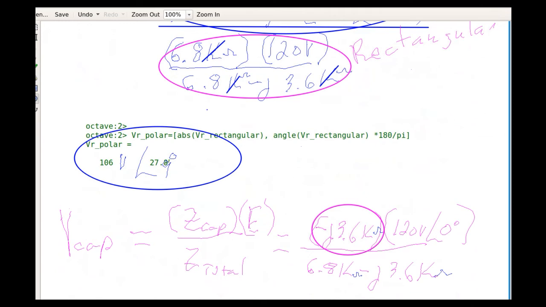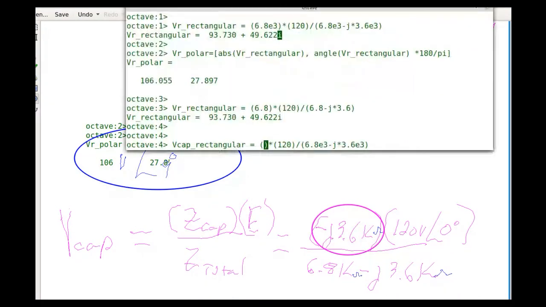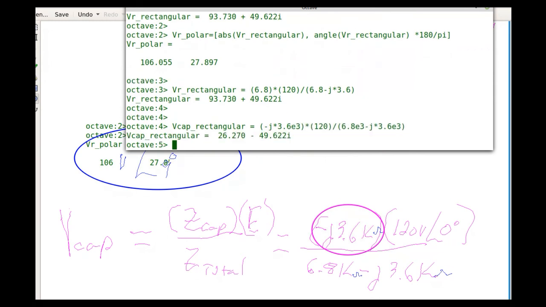So I recall that equation, I change it to cap here, and then I just change this one spot. So this is minus j times 3.6 e to the 3, and that gives me my voltage across the capacitor.